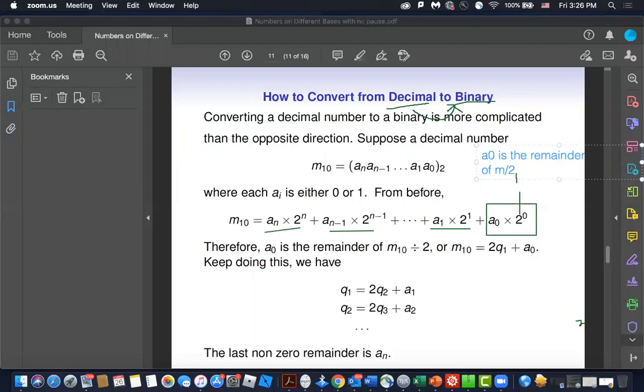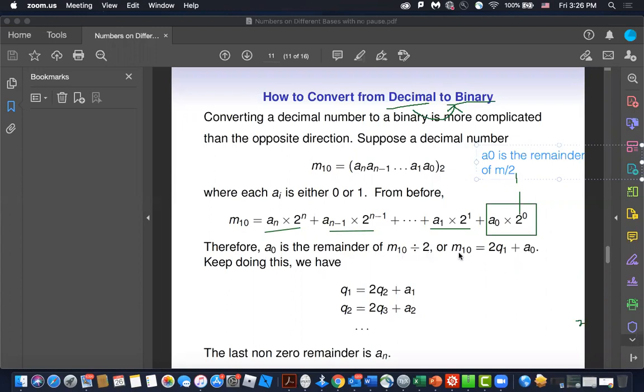So if we divide m by 2, then a sub 0 is the remainder, because all the others are multiples of 2. So that is what I put here: a sub 0 is the remainder of division by 2.